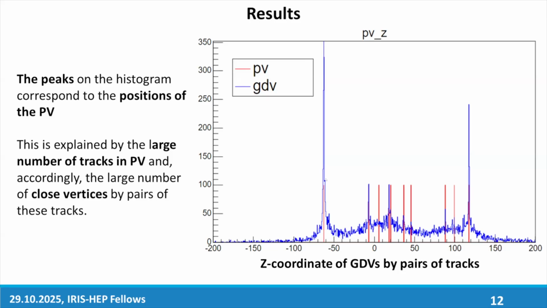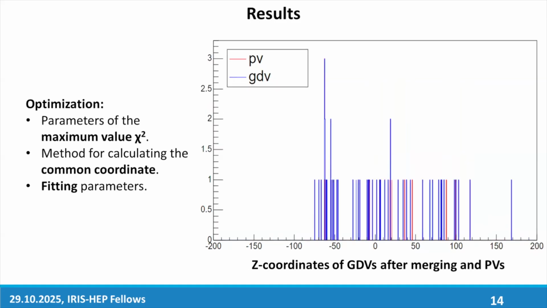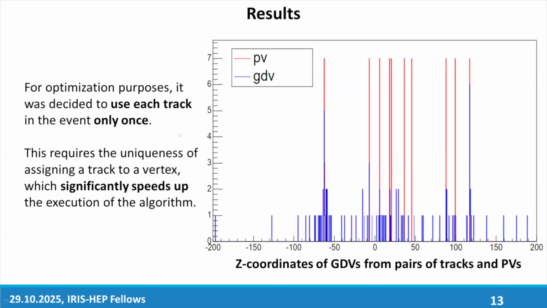But first of all, we wanted to optimize more, so we chose the approach where we use each track only once and label it, mark it. And you can see that these peaks are still there, and it's really good at finding these primary vertices. So it's still very sensitive to these primary vertices.